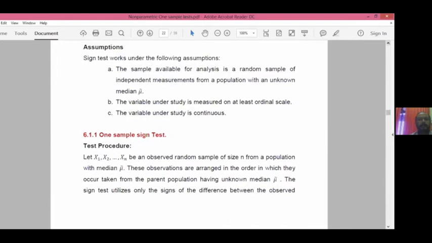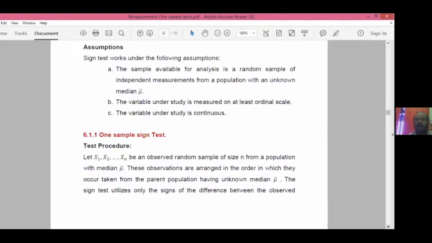So what is the test procedure? We have a sample, let x1, x2, up to xn be the observations. These form an observed random sample of size n from a population with median mu curl. These observations, arranged in the order in which they occur, are taken from a parent population having unknown median mu curl.